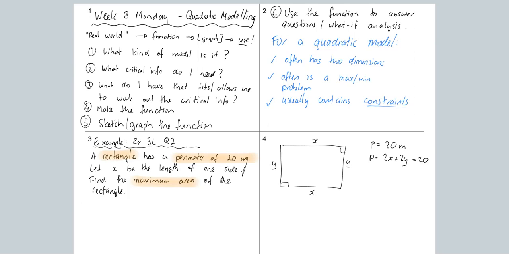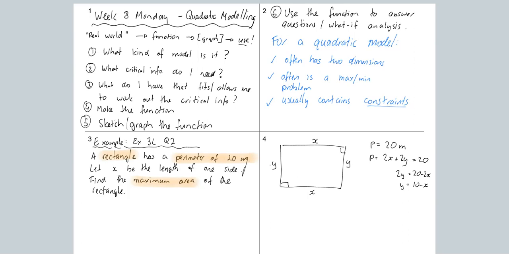Now, the reason why that's useful is I can now manipulate this equation so that we've got the width in terms of x. I'll show you what I mean. I subtract 2x from both sides and I get 20 minus 2x. And I divide both sides by 2 and I get 10 minus x.